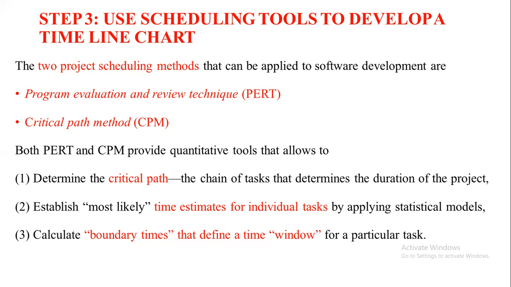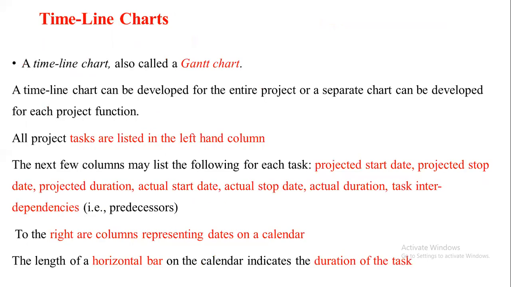So using tools like CPM and PERT, we can find out these 3 things: the critical path, the time estimate for each and every task, and the maximum boundary time which every task can take. We cannot extend beyond that. Only if we do it within that boundary time can we complete our project according to the schedule.